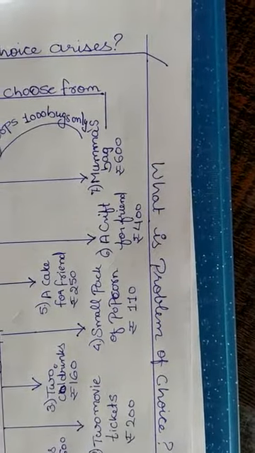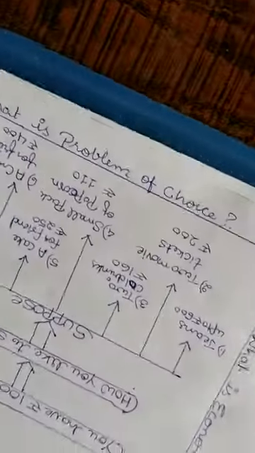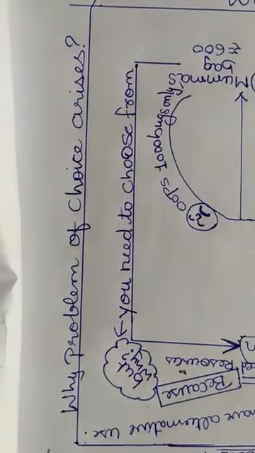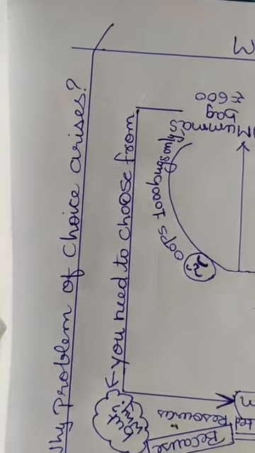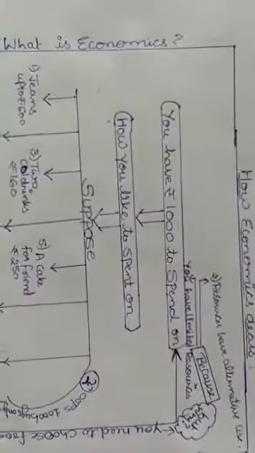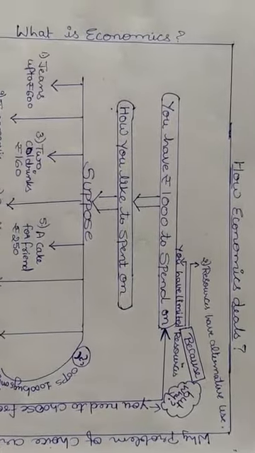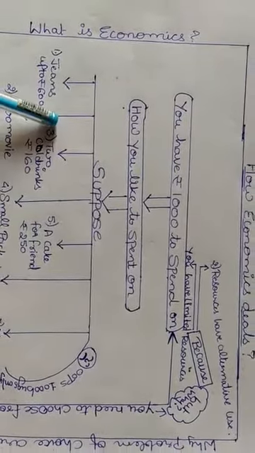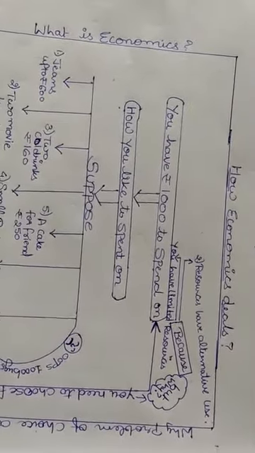What is the problem of choice? Problem of choice, how to deal, what to choose from, why the problem of choice arises, and finally this whole example introduces you to the very basic concept of economics, which says that we have scarcity.